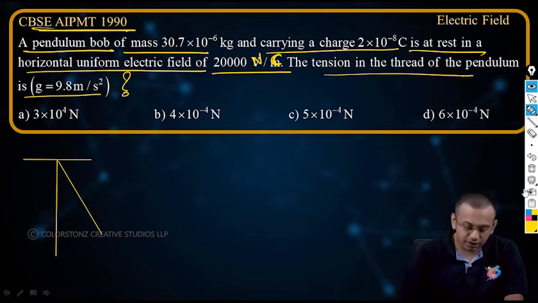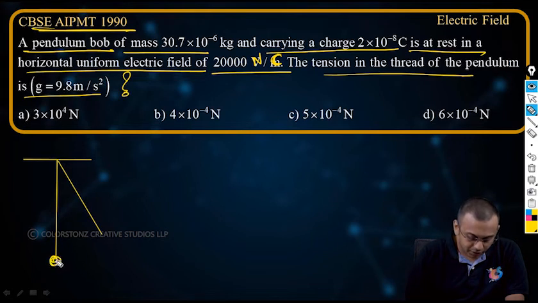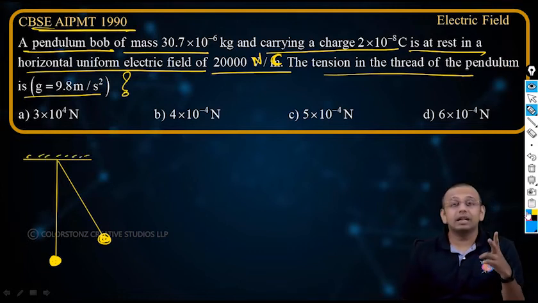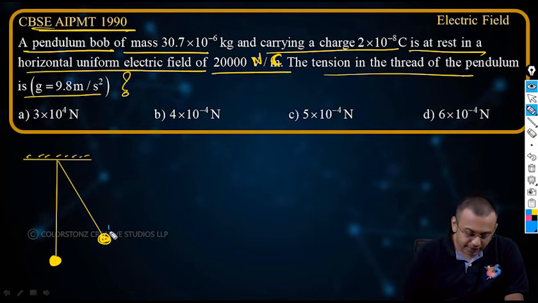And this is what is happening in this question. This is the initial position. This will be the final position. Okay. Now, why is this happening is because there are two forces. Let's say this is some positive charge plus Q, and there is an electric field E here.